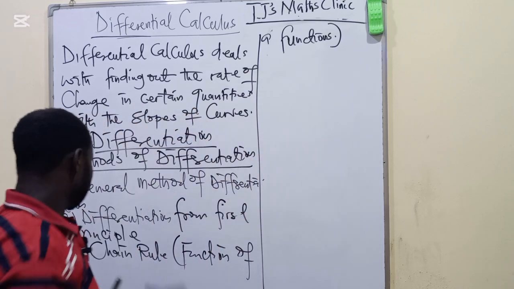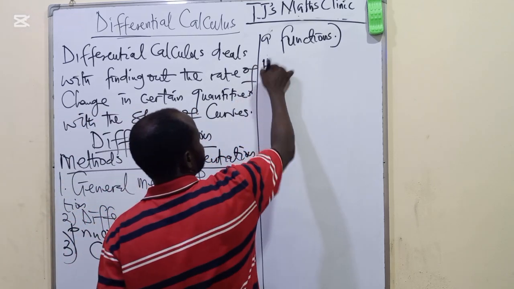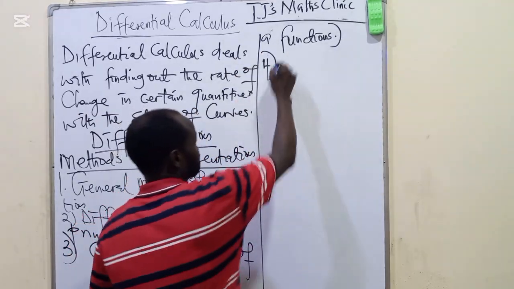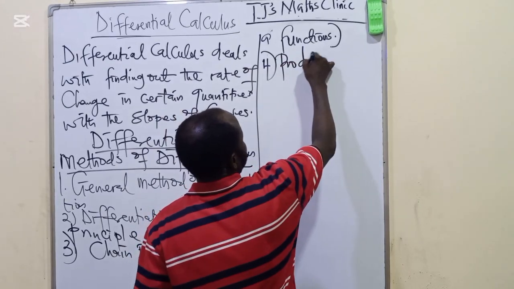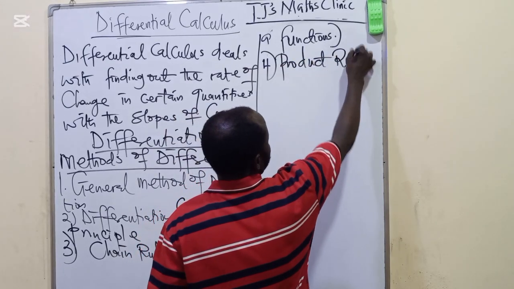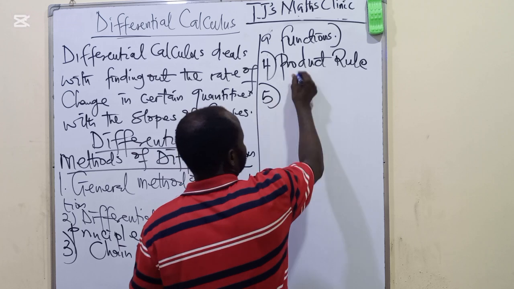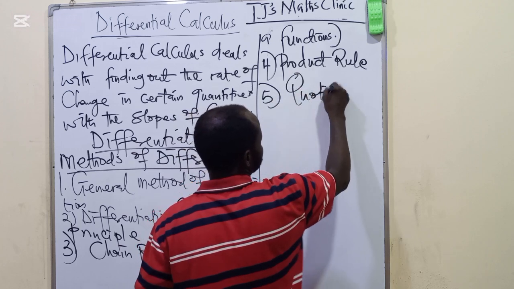Then number four, we have what we call product rule. And number five, we have the quotient rule.